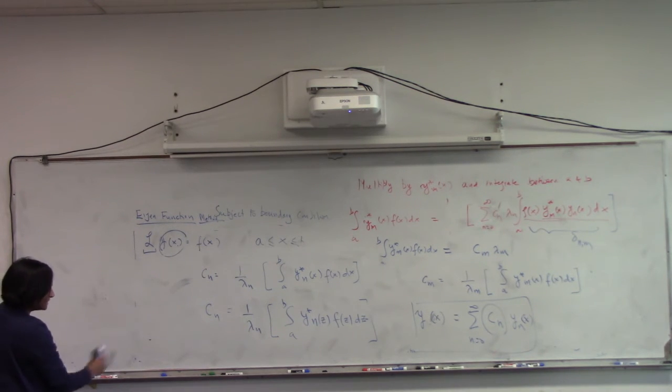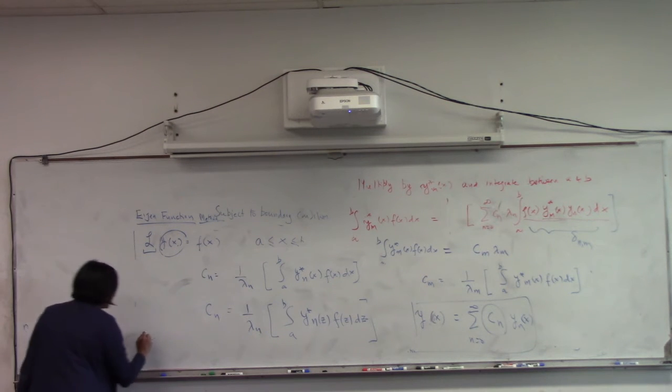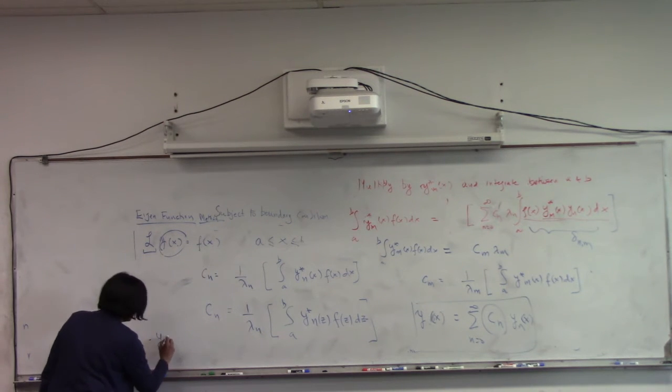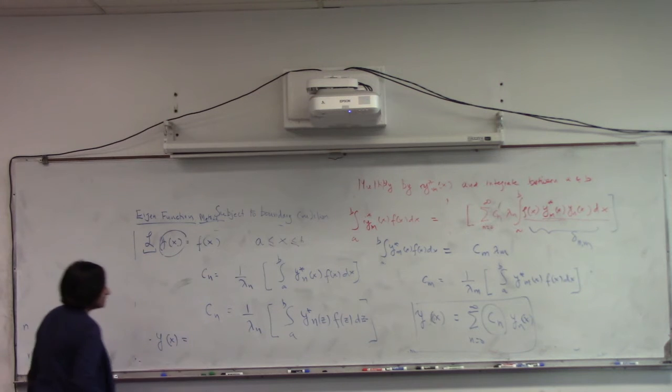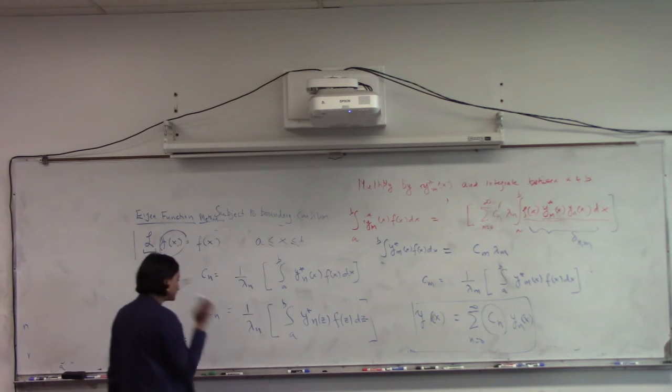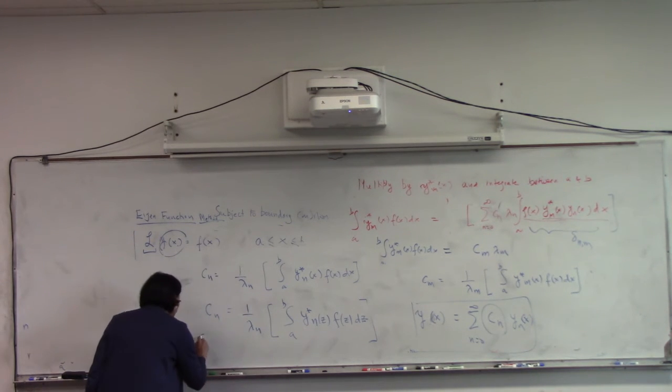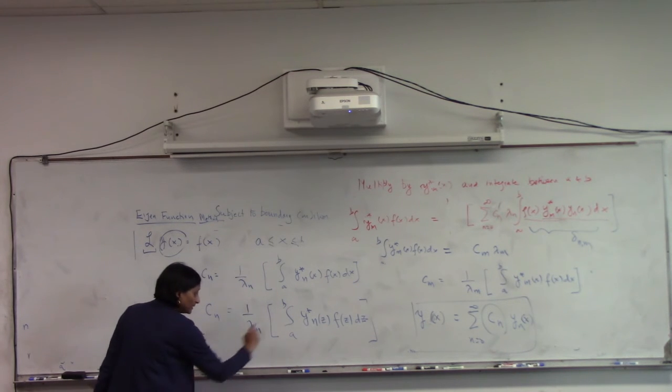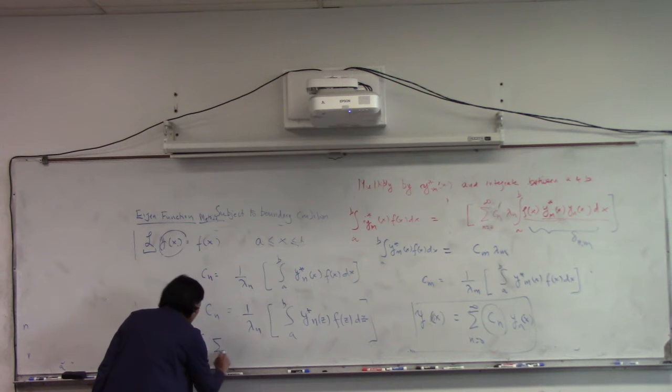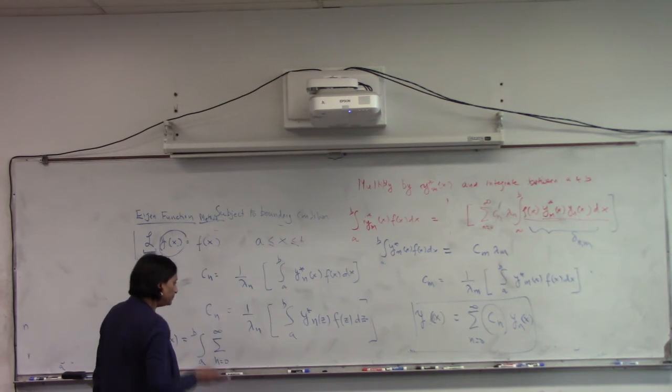Okay, so substitute for Cn now. So I get y of x is equal to the following: integral a to b, summation n going from 0 to infinity.